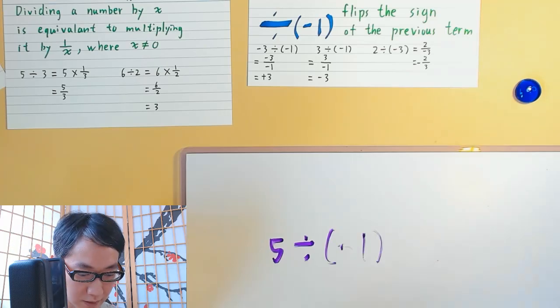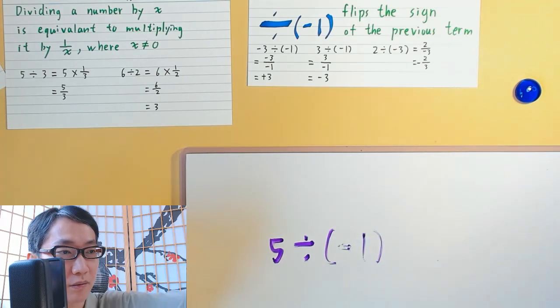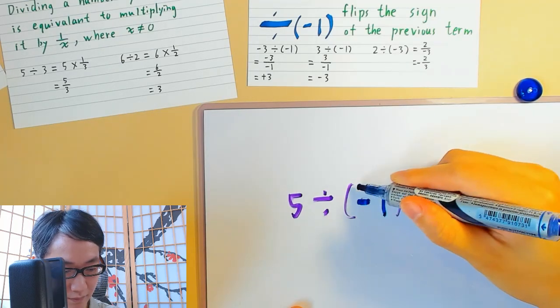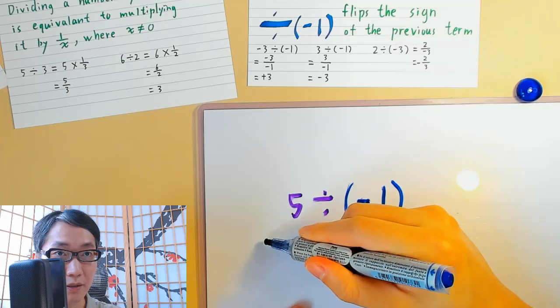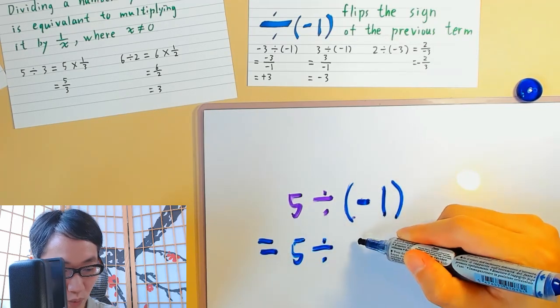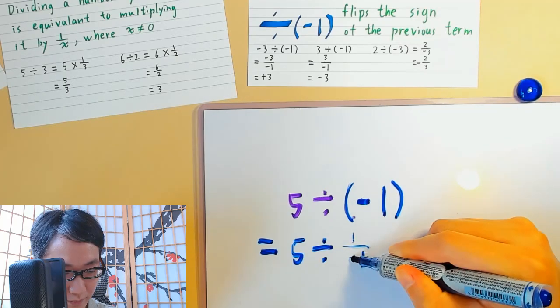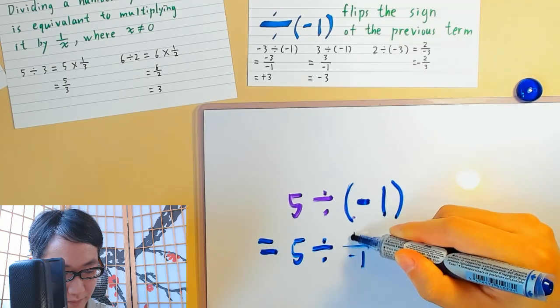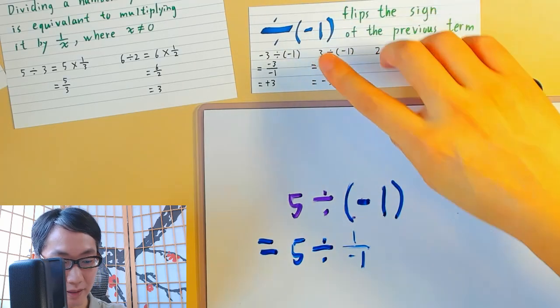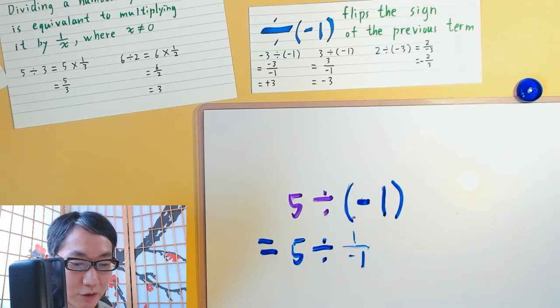Then 5 divided by negative 1 is 5 multiplied by 1 over negative 1, the same as multiplied by negative 1. It will flip the sign of the previous term, so it will become a negative 5.